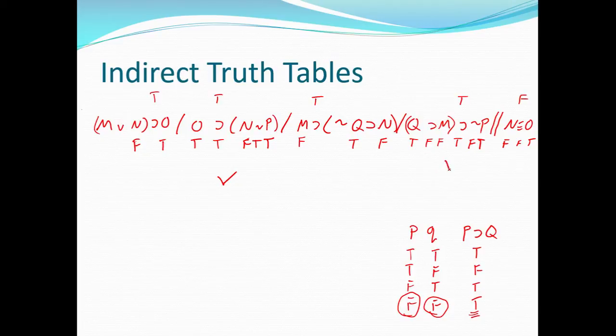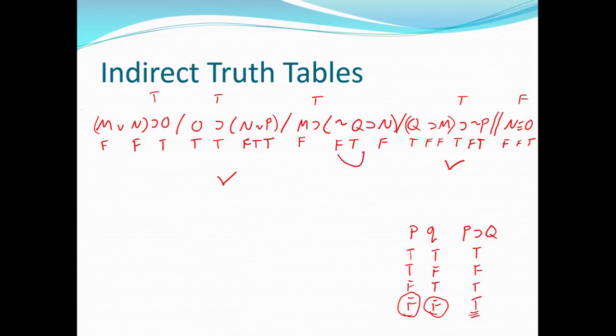We have two more premises to go. Let's see if we can make those things work. The second to last premise, oh, M, we didn't plug in the last M for the first premise. So there we have M is false as well. Okay, so let's see, does this work? In the second to last premise, you have Q is true, the negation makes it false.